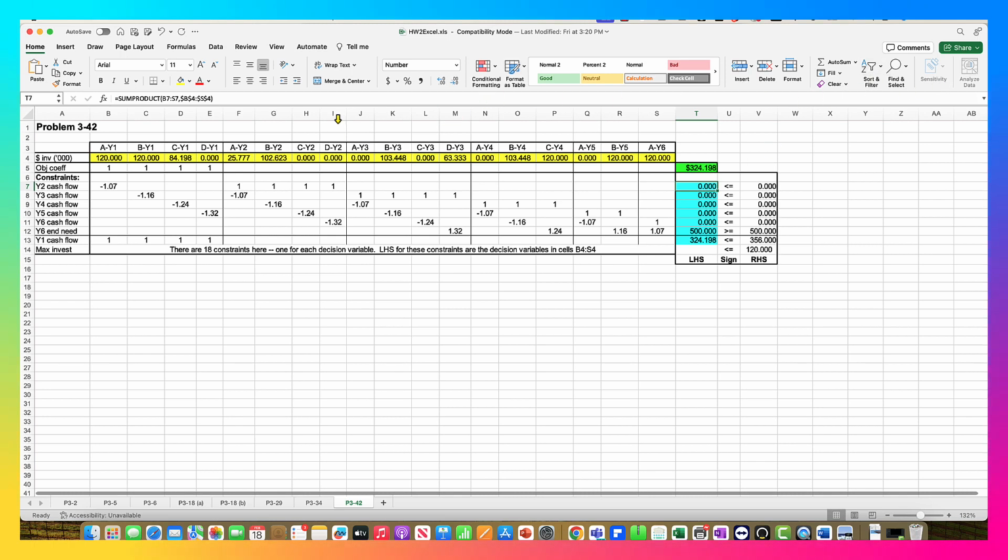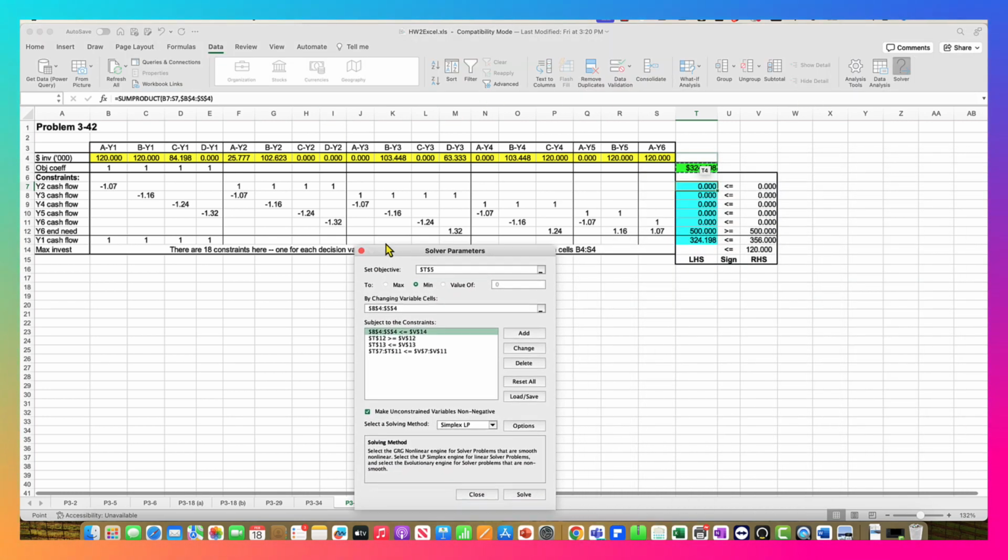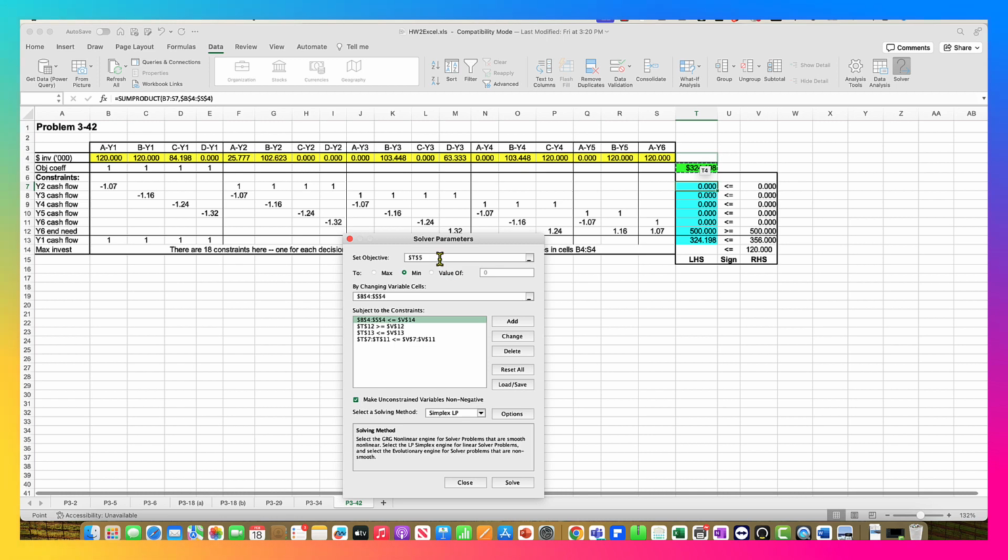Let's look at Solver. To set up Solver, just tell Solver where you put the objective. You put in T5. This is a minimizing problem by changing the decision variables. You put the decision variables from cell B4 to cell S4 and the constraints.